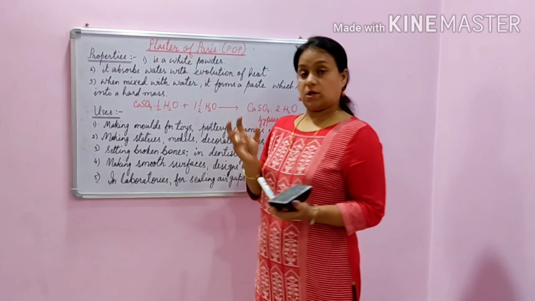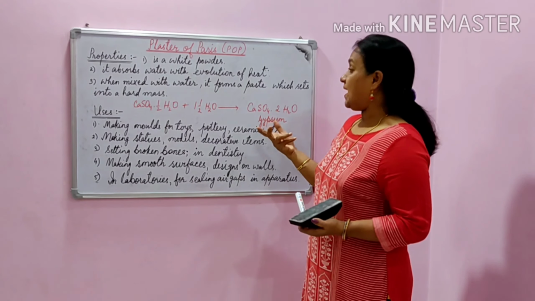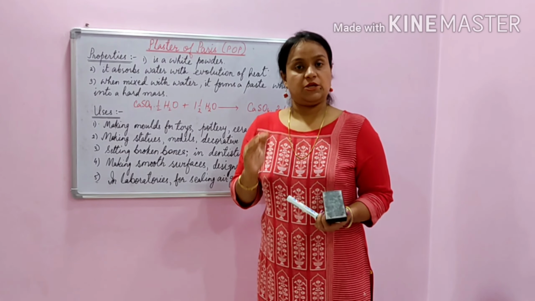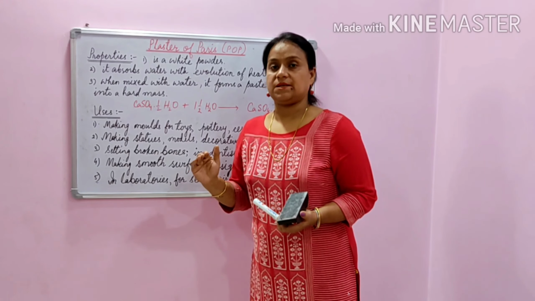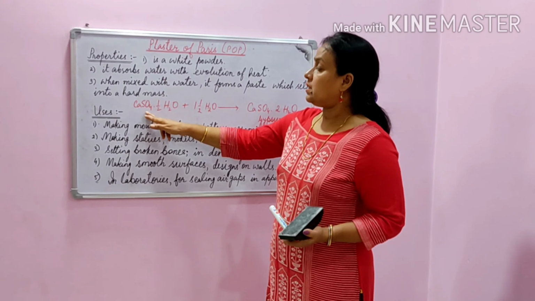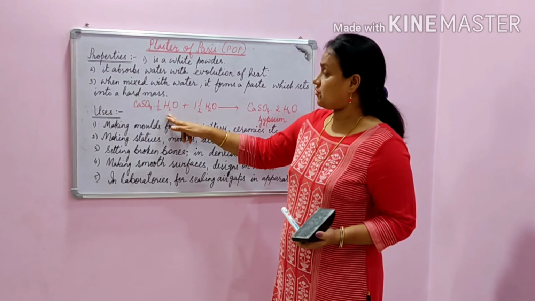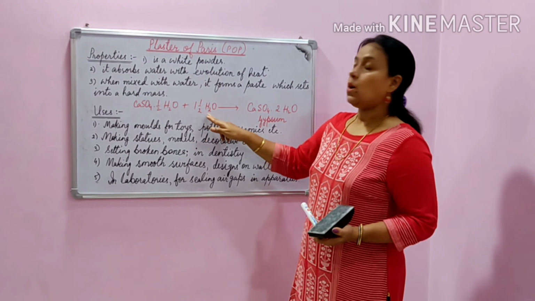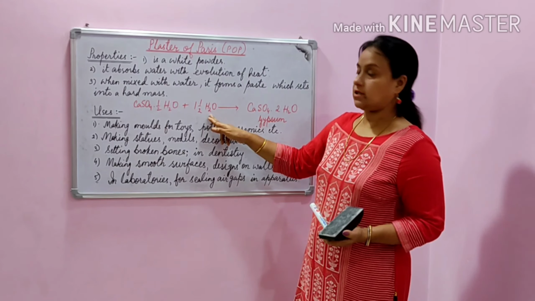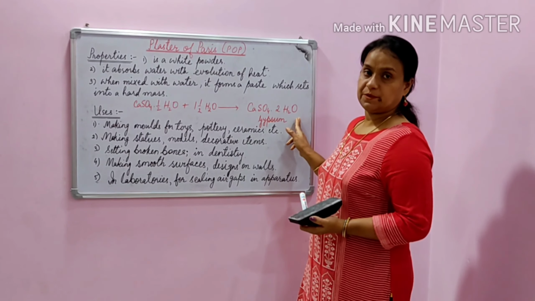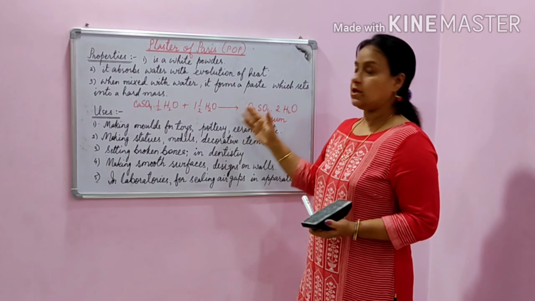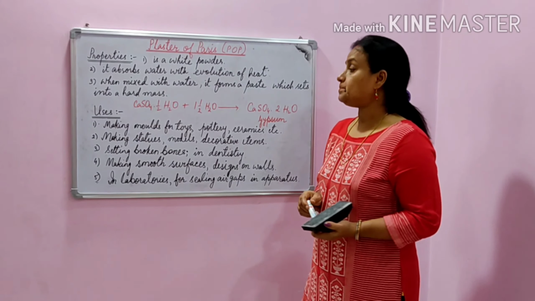And when mixed with water, it forms a paste which sets into a hard mass. That is, when this calcium sulphate hemihydrate, that is plaster of Paris, is mixed with 1.5 molecules of water, it forms gypsum. It is rehydrated to form gypsum.